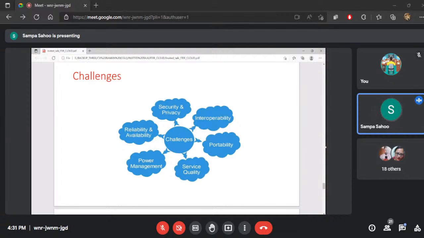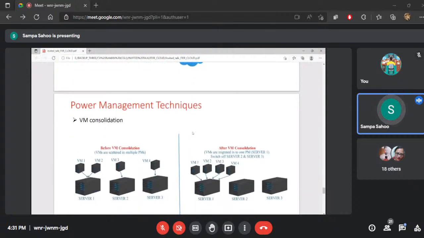Will service A and service B work with each other or not? That is interoperability: how the services of different cloud service providers can work with each other to fulfill a common task.